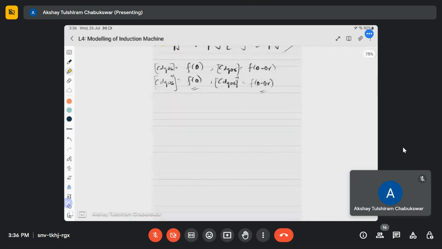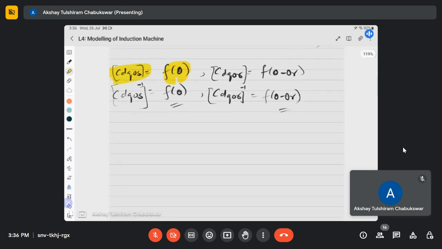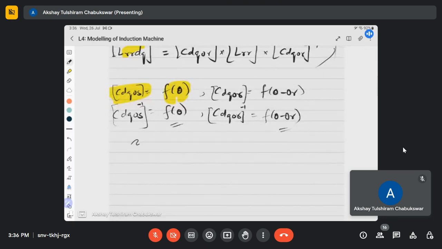So one more thing. Here you observe that the C matrix is a function of theta, and you are differentiating that with respect to time. So using the chain rule of differentiation, d by dt of C_dq0s can be written as follows. Let me just clearly write. C_dq0s is a function of theta, right? It is a 3 cross 3 matrix. You are differentiating a matrix with respect to time, but it is a function of theta, not time.